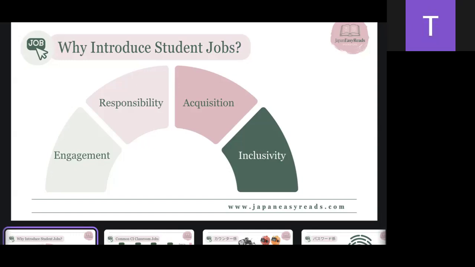And excuse me, probably the most important one for me is the inclusivity. Student jobs really support students in a variety of different ways. For students that need a challenge, it's very easy to allocate a task that they will really rise to the occasion.